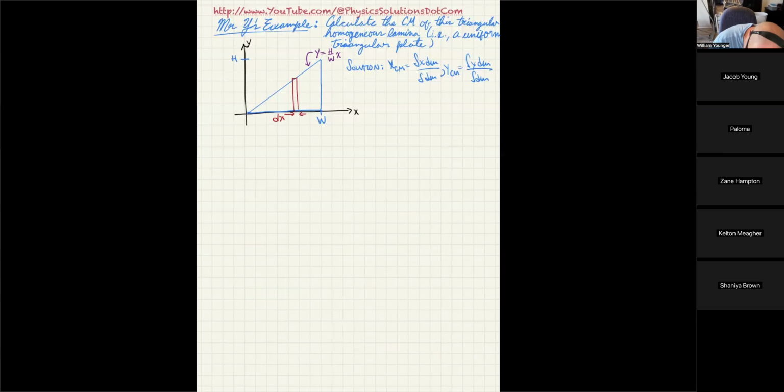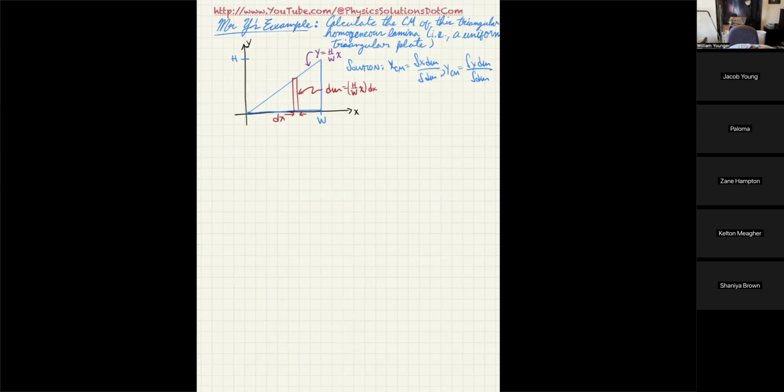So I can now say that this red differential mass element is basically a rectangle, and its height is h over w times x, times dx.